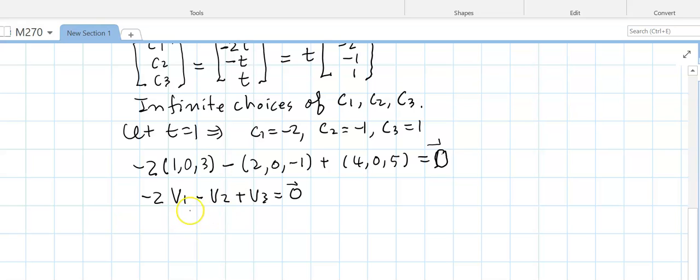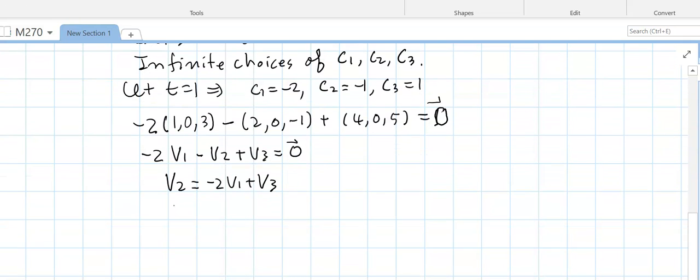That means any vector can be written in terms of the others. So V2 is -2V1 plus V3, or V1 is 1/2 times negative V2 plus V3. V3 is 2V1 plus V2.